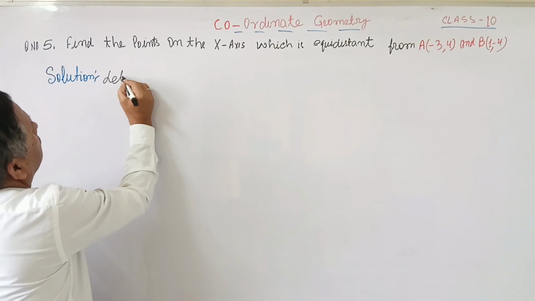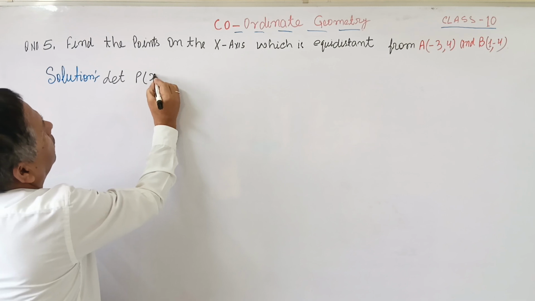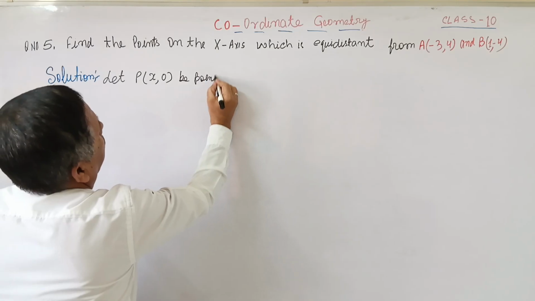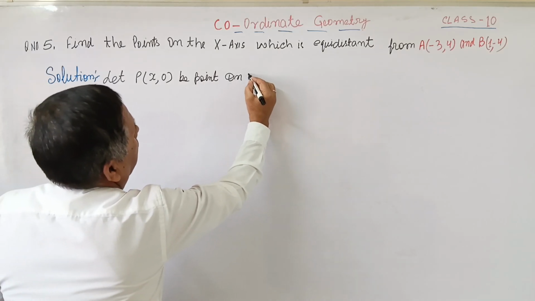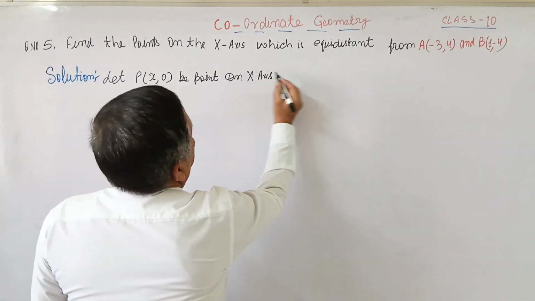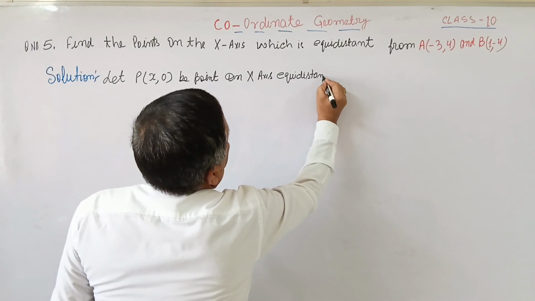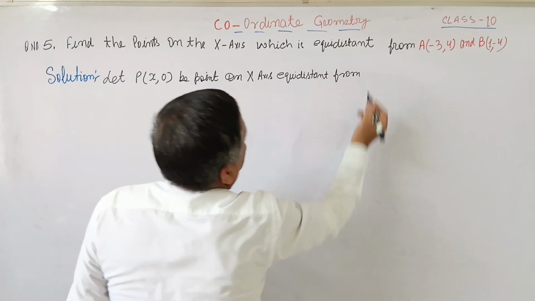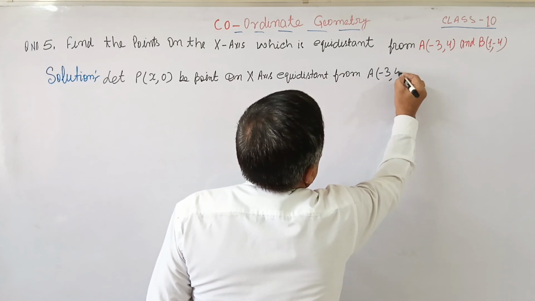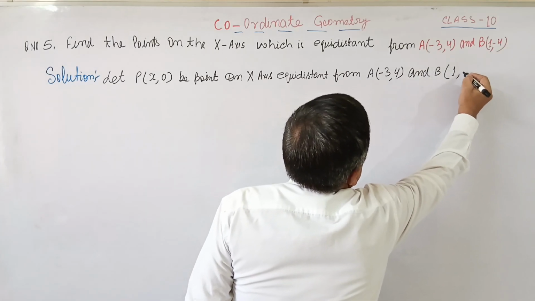Let P (x, 0) be a point on the x-axis equidistant from A (-3, 4) and B (1, -4).